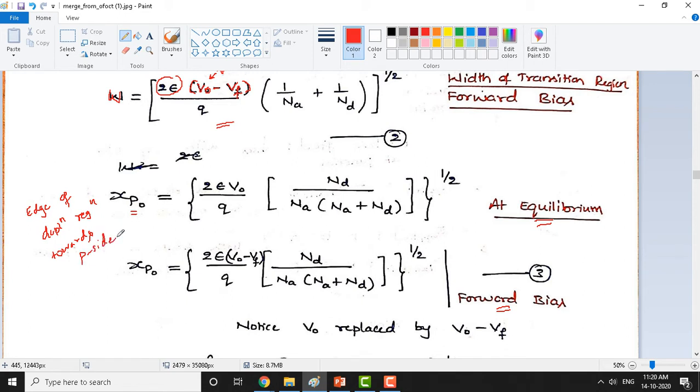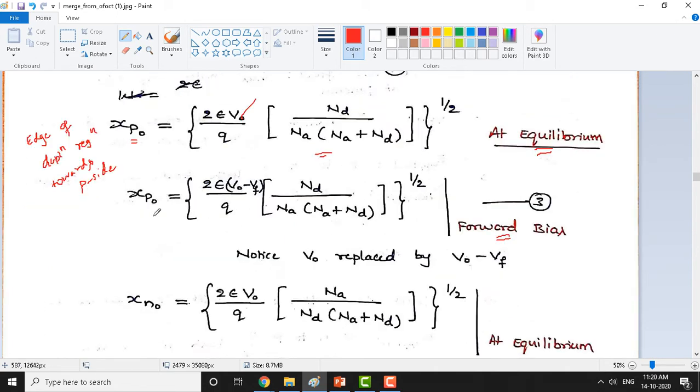We'll also do it for the N side. We already know this basic equation under equilibrium, so we are using the equilibrium equations and substituting for V naught. That's the only modification we are doing here. For forward bias condition, you can substitute V naught as V naught minus Vf.